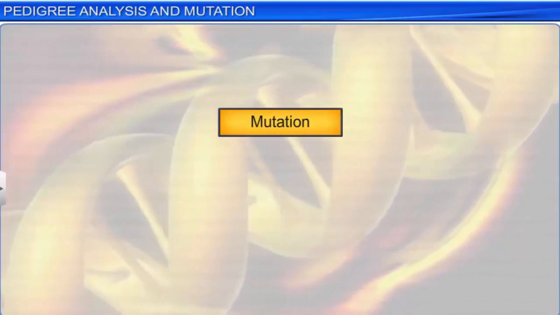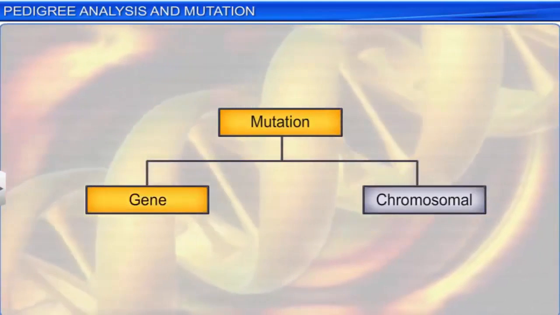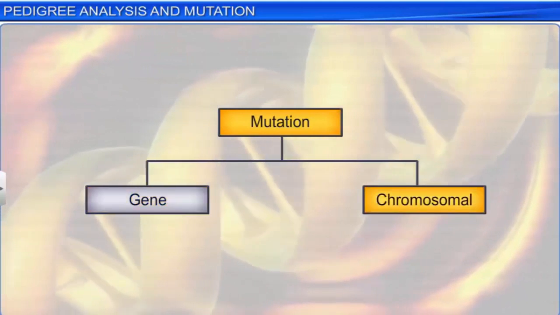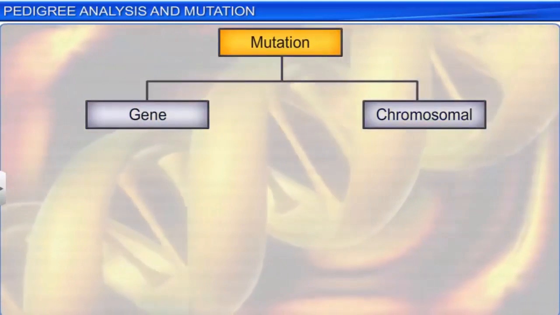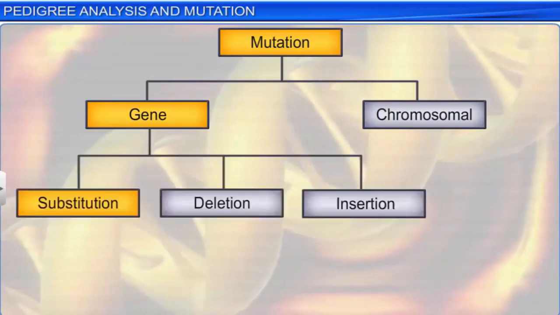Mutations in the genetic material can be of 2 types: gene mutation and chromosomal mutation. Further, gene mutations can be of different types, such as substitution, deletion, and insertion.